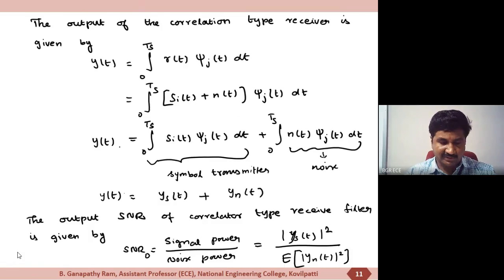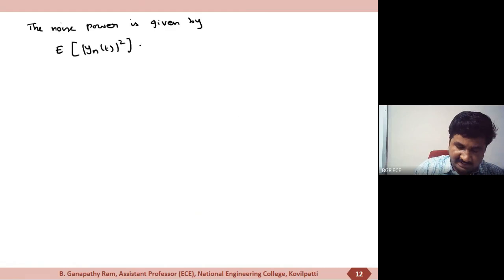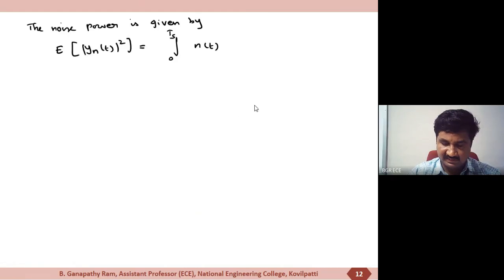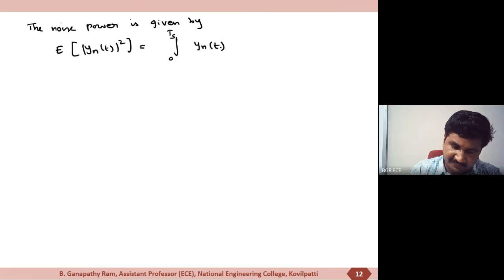The noise power is calculated by expectation of yn of t the whole square, which can be written as integral of 0 to ts n of t into yn conjugate of t dt.